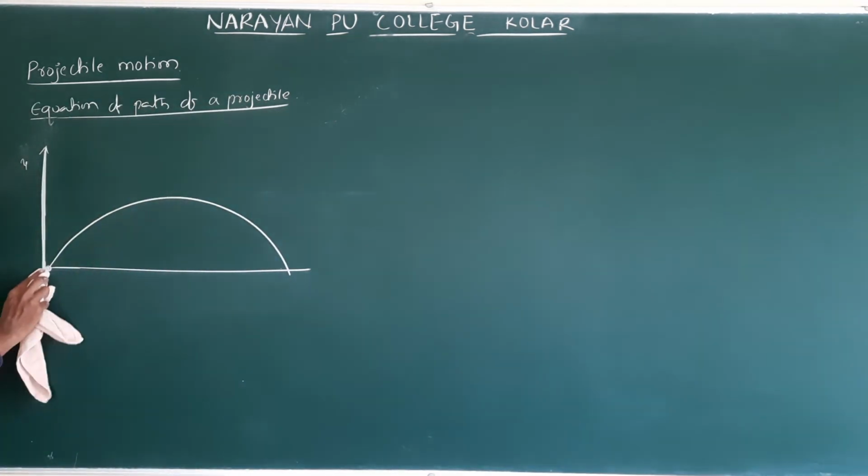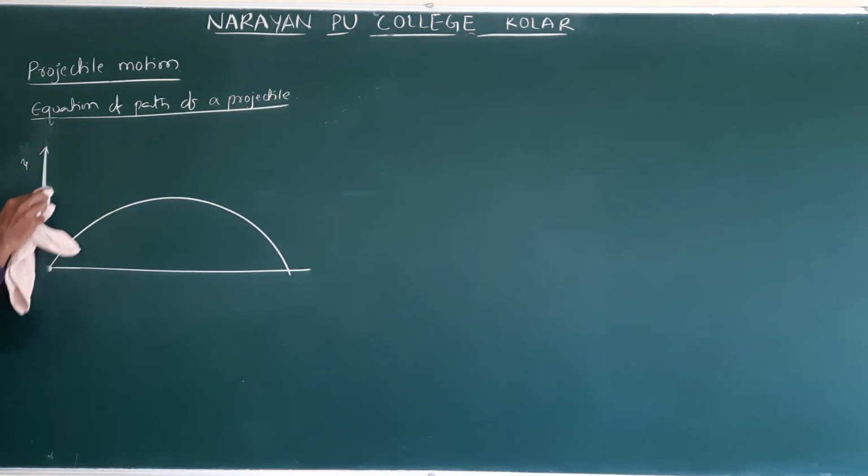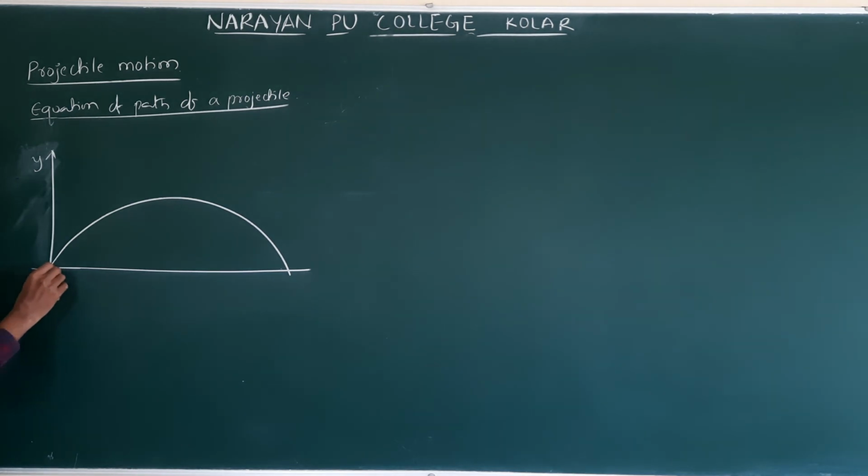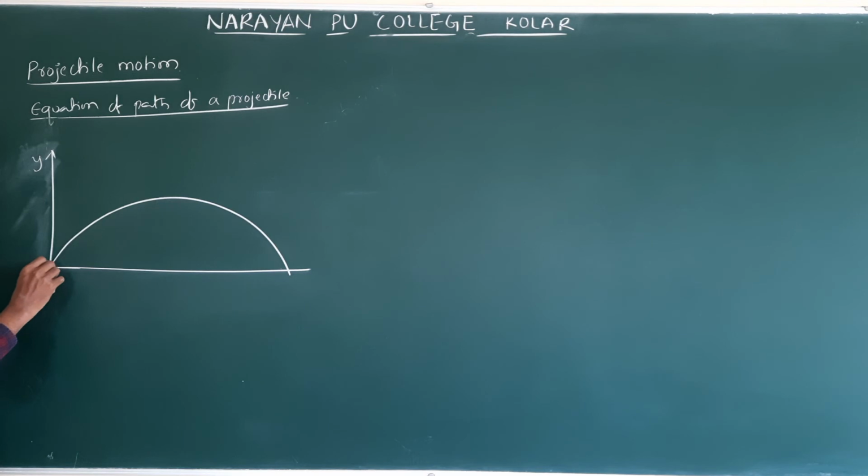I fix this coordinate at the point of projection. Now this is projected from this point, the origin. This we call the point of projection.